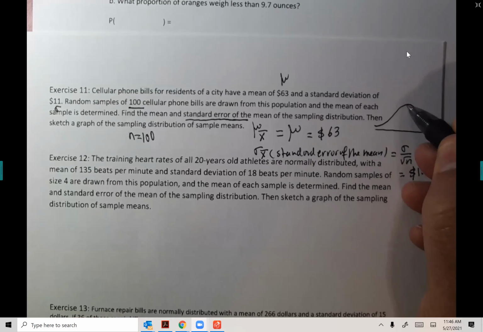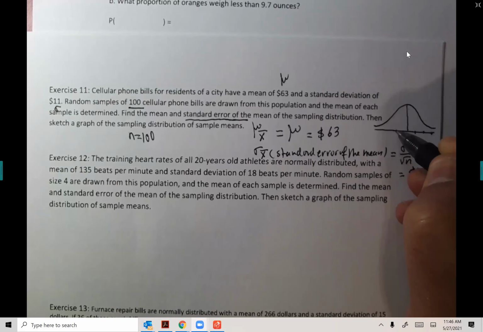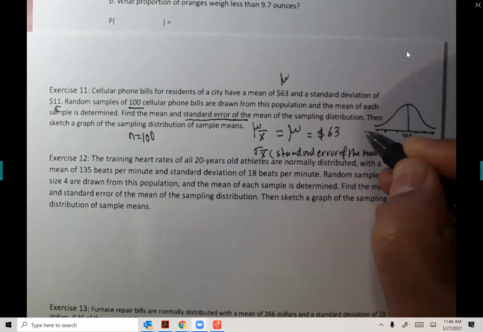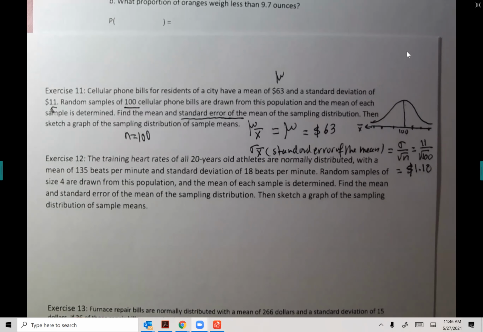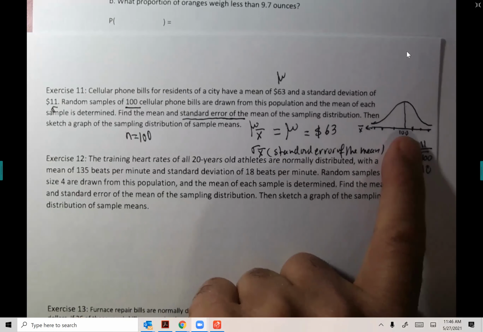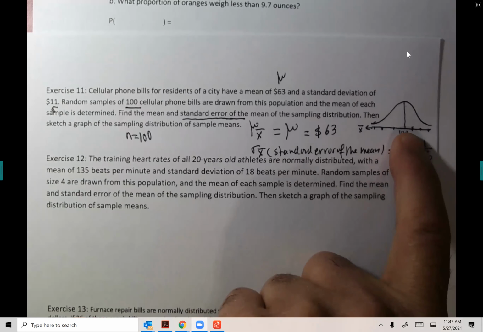You put 100 here. And can a student tell me what would be the three numbers that go to the left and the three numbers that go to the right? And we're working with X bar here, remember. What would this number be? Any guesses? So we have to add a standard deviation.